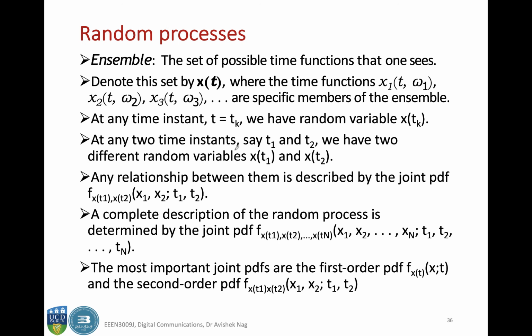At any two time instants, say t1 and t2, you have two different random variables, x(t1) and x(t2), and any relationship between them is described by the joint PDF. We will study the joint PDF in the next lecture. The complete description of the random process is determined by the joint PDFs, and the most important ones are the first-order and second-order PDFs.